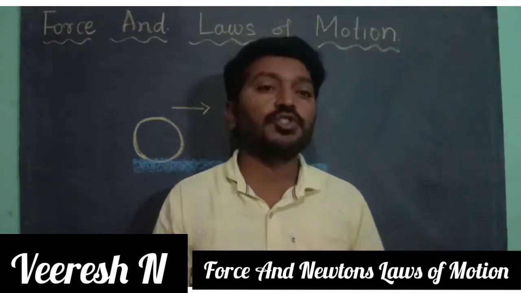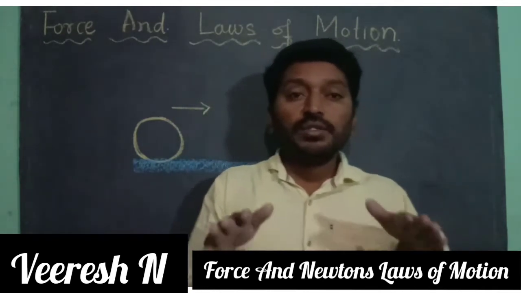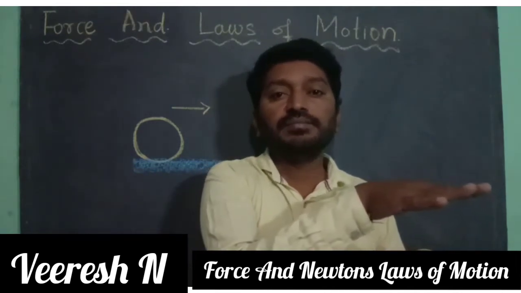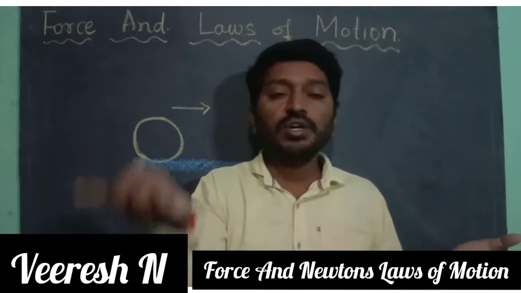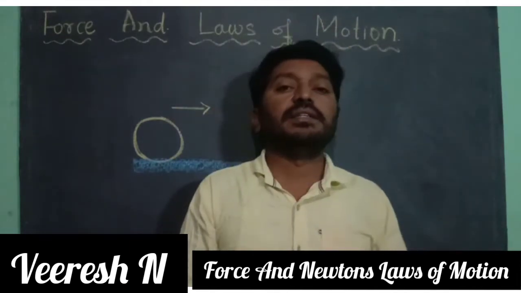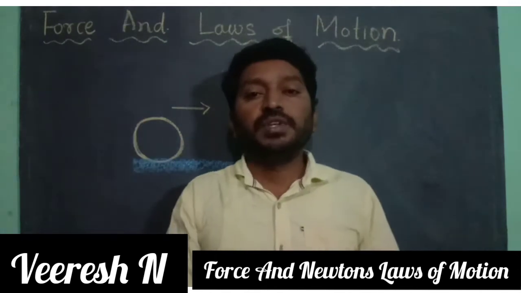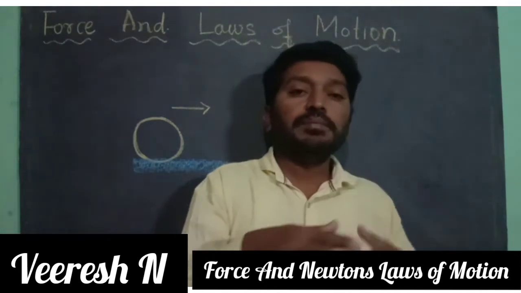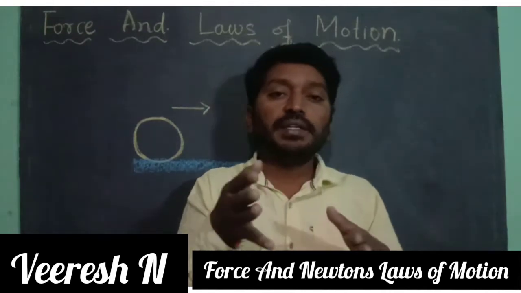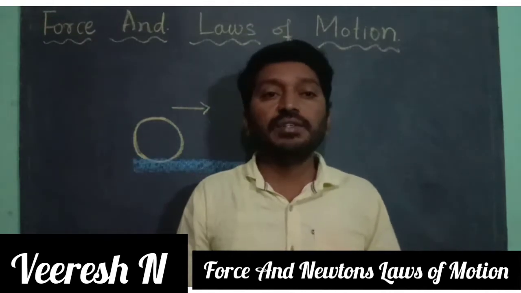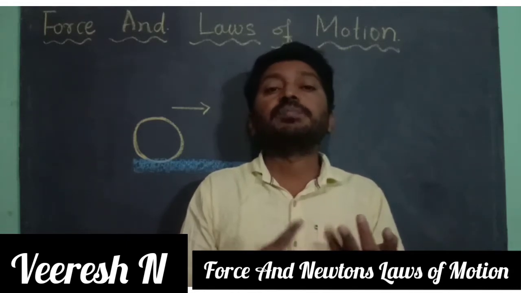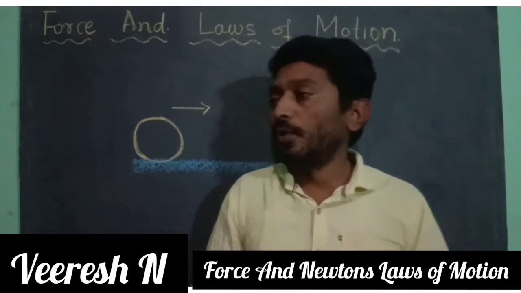Motion can travel along a straight line, a curved line, and also a circular path. Motion along a straight line is discussed using some basic terms: distance, speed, acceleration, and some more.